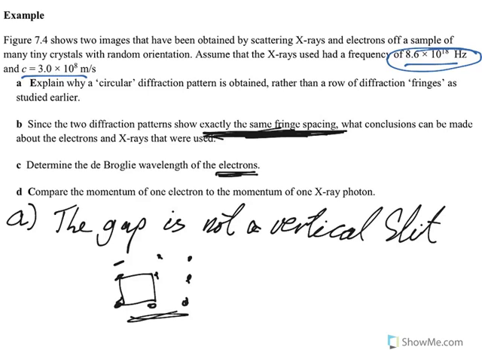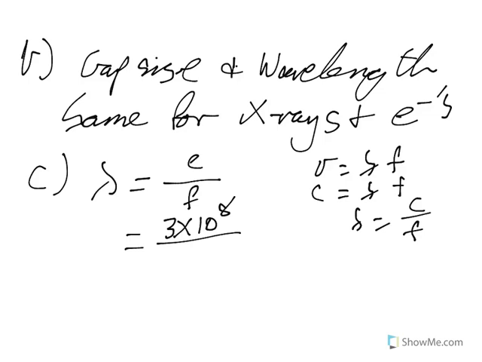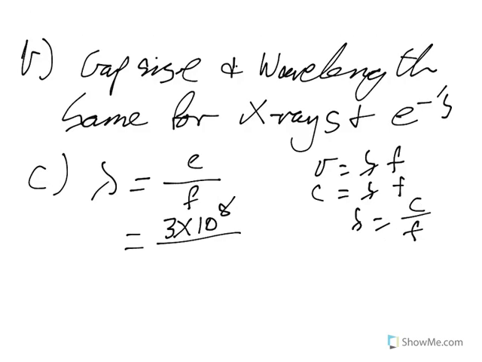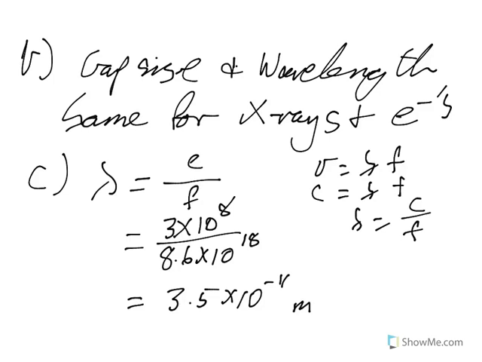If I work out the X-ray wavelength, I'll get the electron one. So it's 3 by 10 to the 8 over 8.6 by 10 to the 18, and when we do this, 3.5 by 10 to the minus 11 metres.